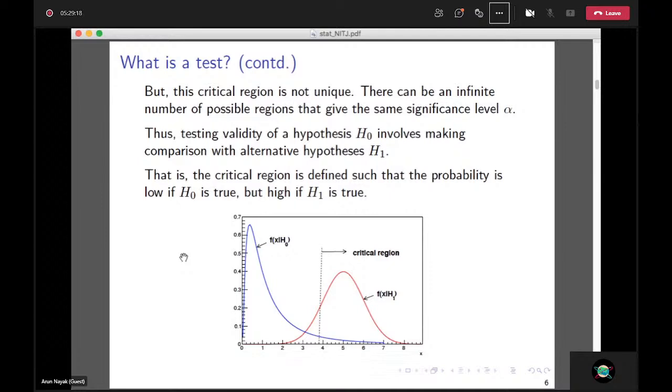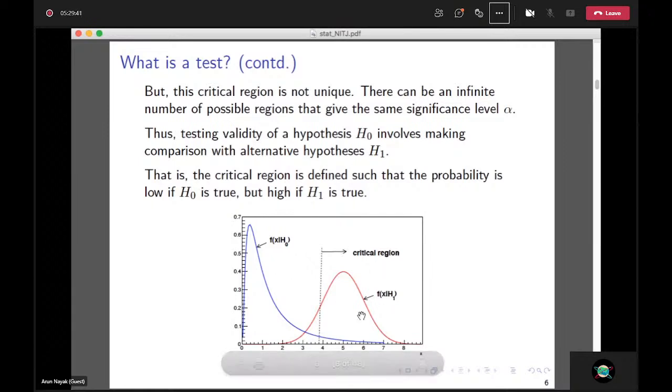But this critical region is not unique. You can define an infinite number of possible regions that can give the same significance level alpha. So to test the validity of this hypothesis H0, we need to make an alternative hypothesis and compare it with that hypothesis.